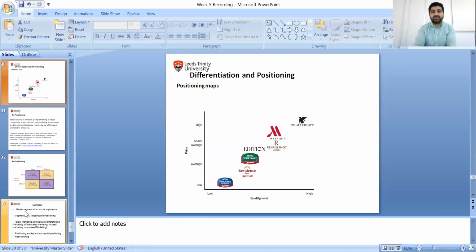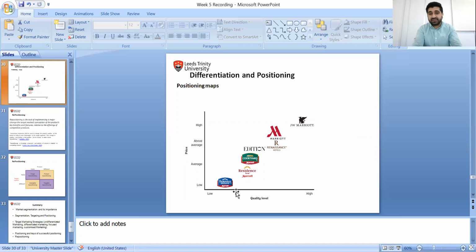So here we can see companies, based on quality level and price, are charged accordingly. They are trying to get a position in the market. Here we can see Fairfield: they are charging a low price, and we can see the quality of their service.